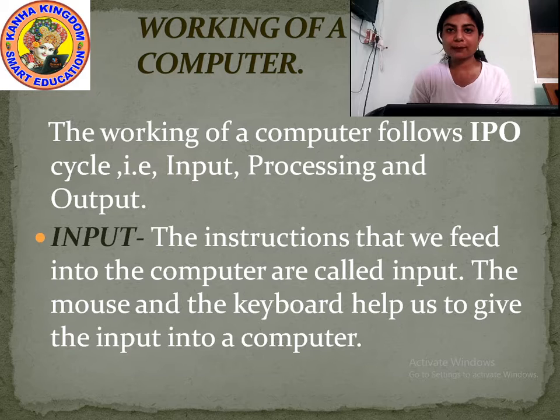After inputting something, the processing will be done, and after processing, the computer will give you the result, that is output. That is known as the IPO cycle. Input, processing, output. Understood? Now let me tell you what is input.